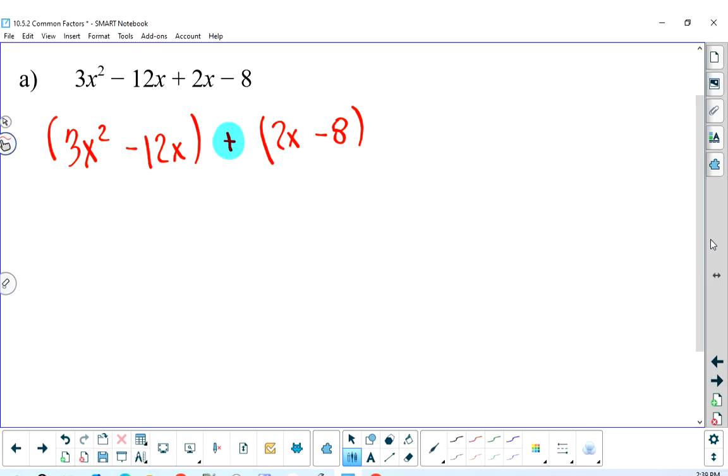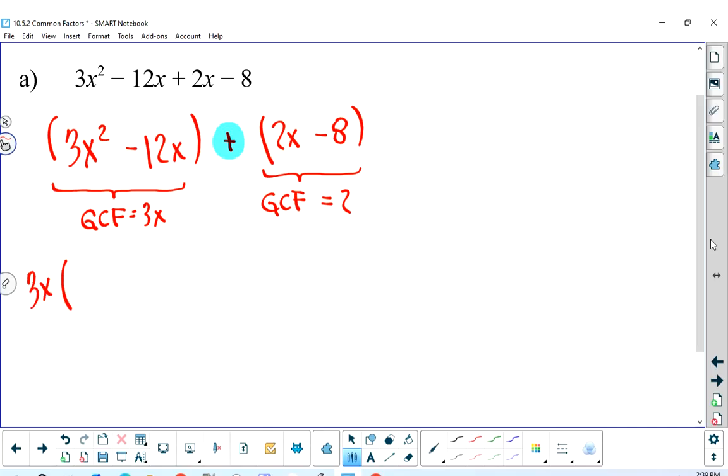For example, in this pair, you have a greatest common factor of 3x. In this pair, you have a greatest common factor of 2. So if we factor the 3x out of this, we are going to be left with x minus 4, because 3x times x would give you 3x squared. 3x times negative 4 would give you negative 12x.